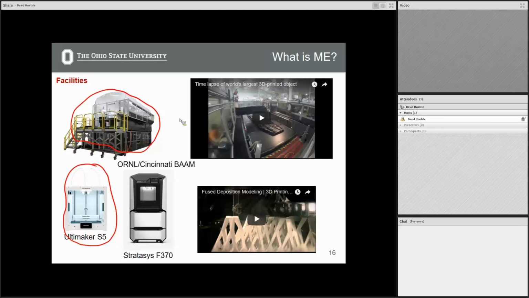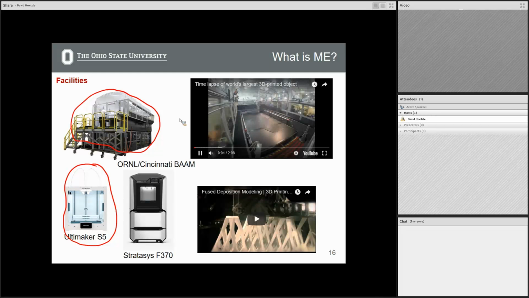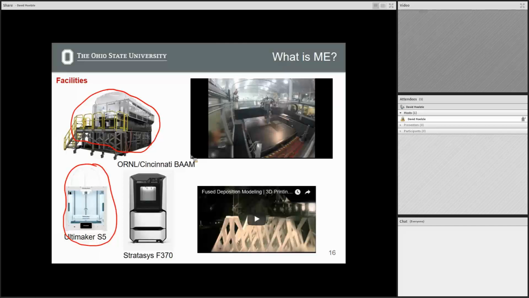Here's an example of... stop the video again. Let's start it over, see if it's better. This is, of course, sped up considerably, but you can see the size of the robotic systems that are driving these and the size of the material structures. You can see there's like a glass top, it almost looks like a greenhouse.